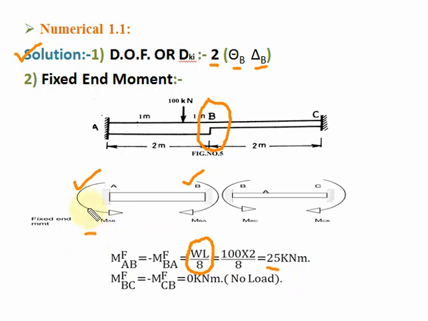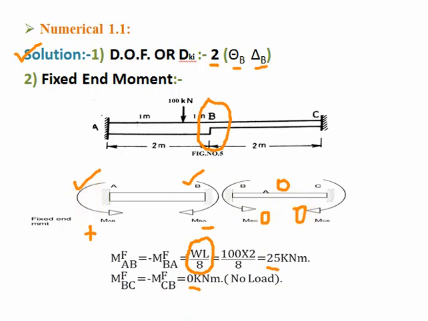For anticlockwise, sign convention is positive, for clockwise, sign convention is minus 25. Now on span BC no load, therefore fixed moment will be equal to 0.